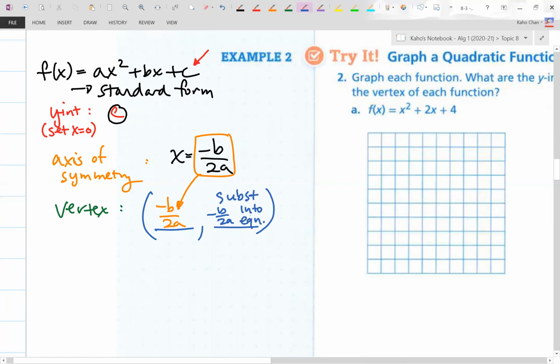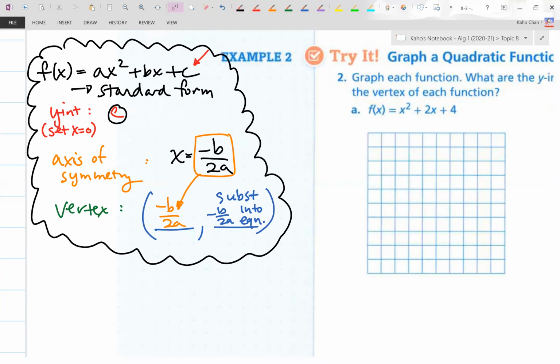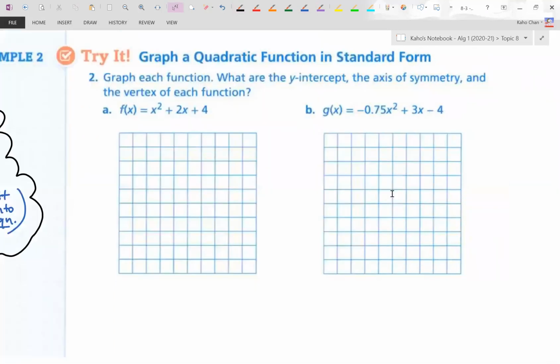Yay! Those are the steps when it comes to quadratics in standard form. This will give you a leg up when it comes to graphing. It is not easy to try to graph this by hand without the parts that are staring at you, okay?